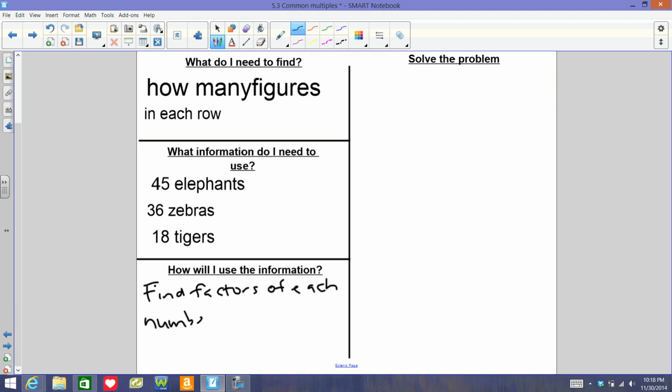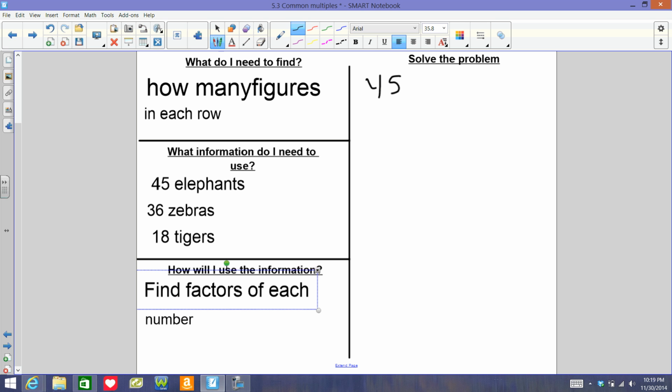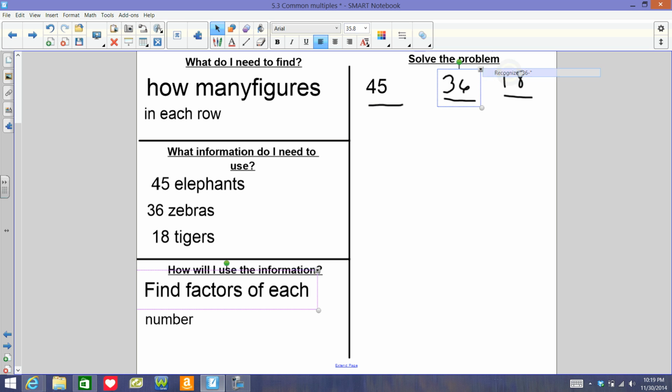I'm going to do the same thing that I did over on the other problem. So here are my numbers: 45, 36, and 18. Now I'm going to figure out the factors of these.